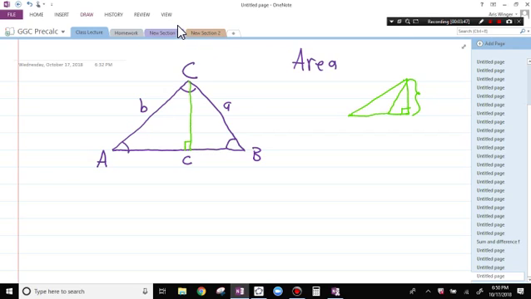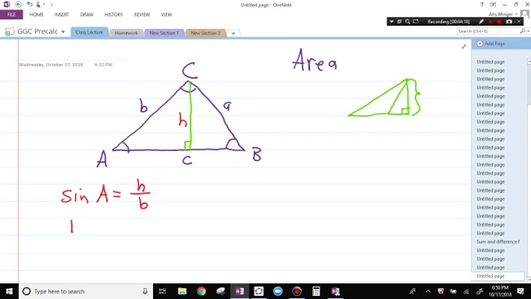I'm going to come up with a formula for the height, or for the area. So this is H, and if we knew A and we knew B, and maybe we know C, we would be able to find out what. Is there a way we can relate capital A to H and B? Sine. The sine of A is equal to the opposite over the hypotenuse.